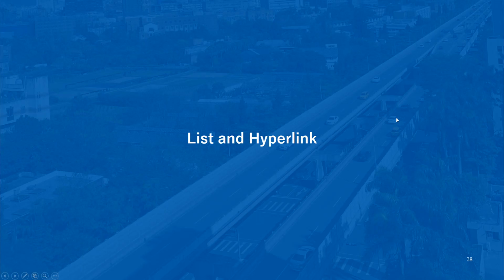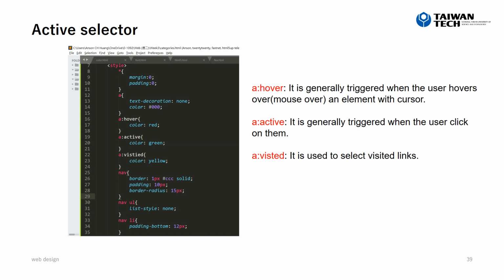And the other thing is list and hyperlink. What are list and hyperlink, and why do we need to combine these two things together? I think the first thing is the hyperlink, because a hyperlink has many statuses. The first is the traditional, original status. Later is hover, when our mouse goes over it.